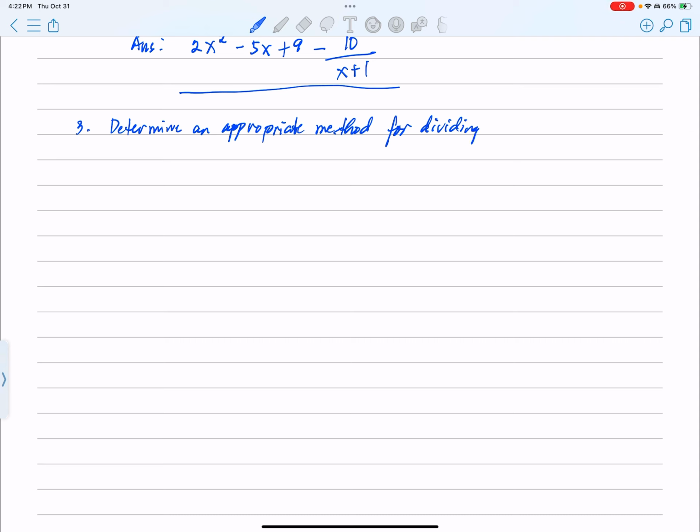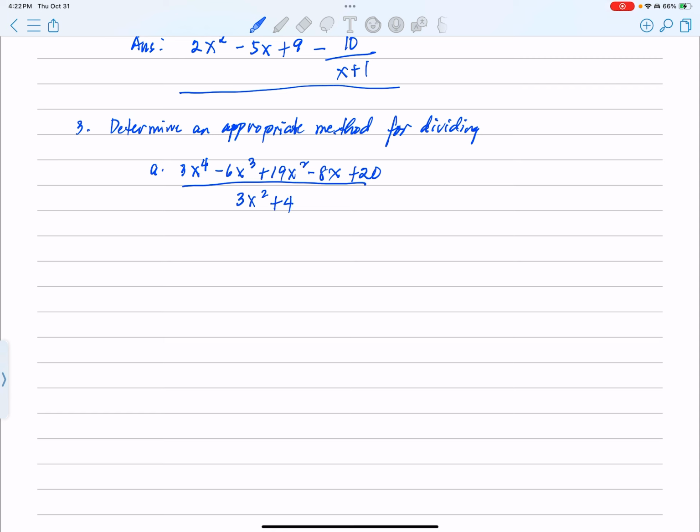Let's say this: 3x to the fourth minus 6x cubed plus 19x squared minus 8x plus 20. You divide by 3x squared plus 4.